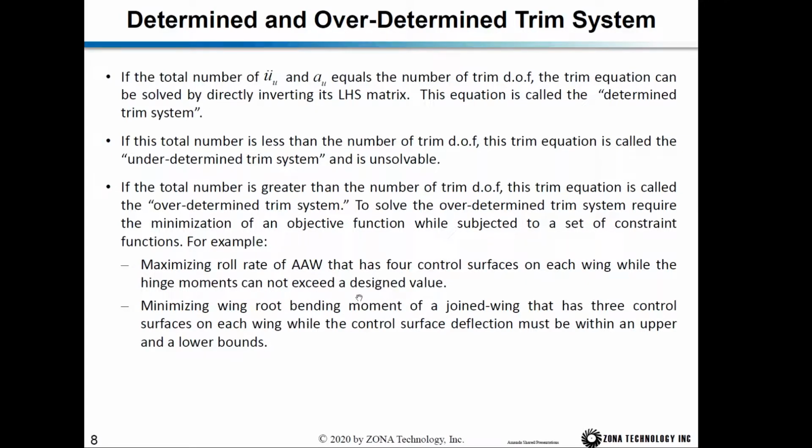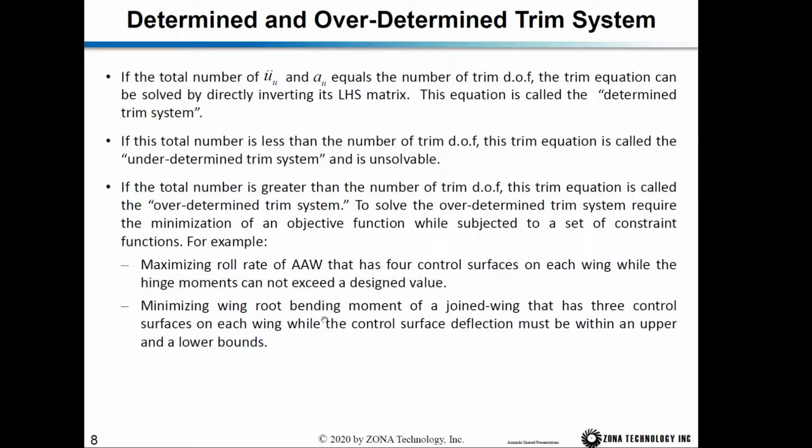So this becomes a constraint function, and the roll rate becomes an objective function.